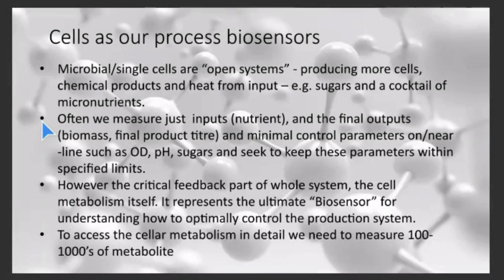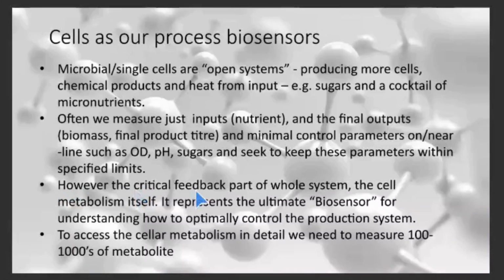But often, particularly in traditional process control of bioproduction, we just measure the nutrients, or we measure the final outputs, such as the growth rates, the pH, the sugars taken up. And all we try to do is use these very limited measurements in order to keep a process within specified limits.